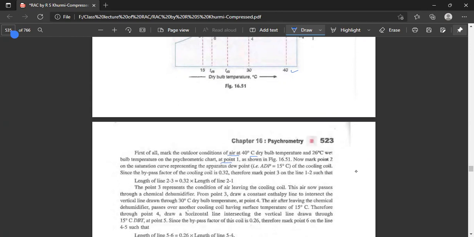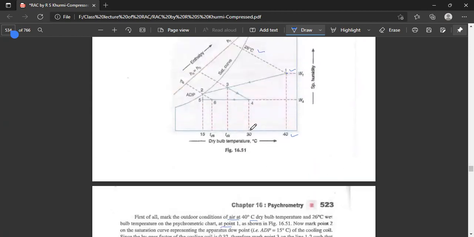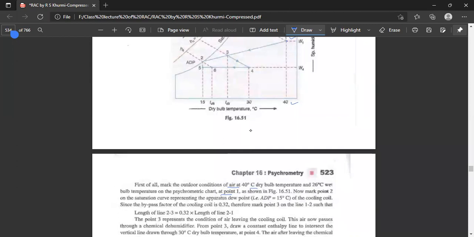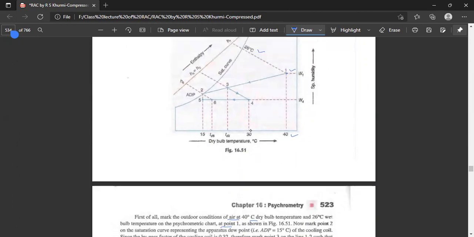From 15 degrees centigrade, if we draw the vertical up, it will reach here. This is the apparatus dew point, point 2. So point 1 is there, and point 2 is here.